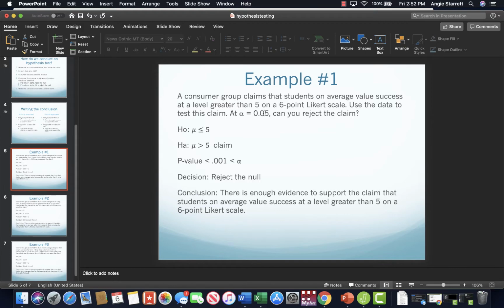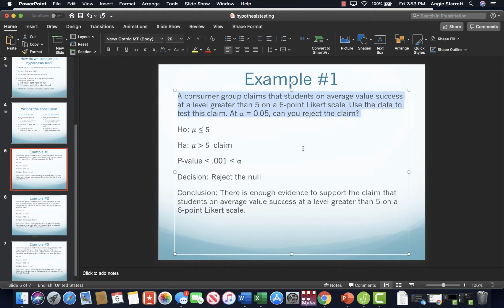Let's just read our problem here. A consumer group claims that students on average value success at a greater level than 5 on a 6-point Likert scale. Use the data to test this claim. First we would write our null and alternative. What we read here is that mu, the average, is at a level greater than 5.